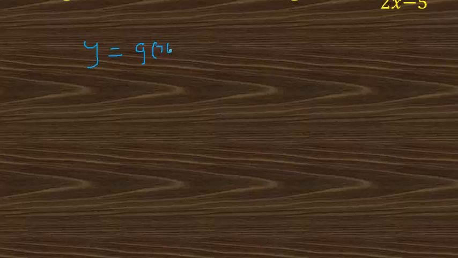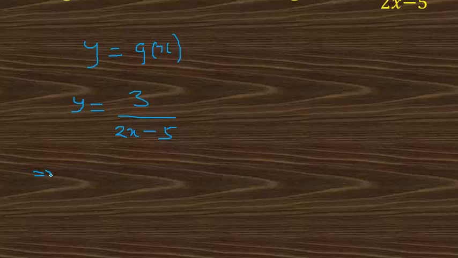So this one, y equals 2x minus 5. Okay, so we are going to interchange x and y. Don't forget to do that.